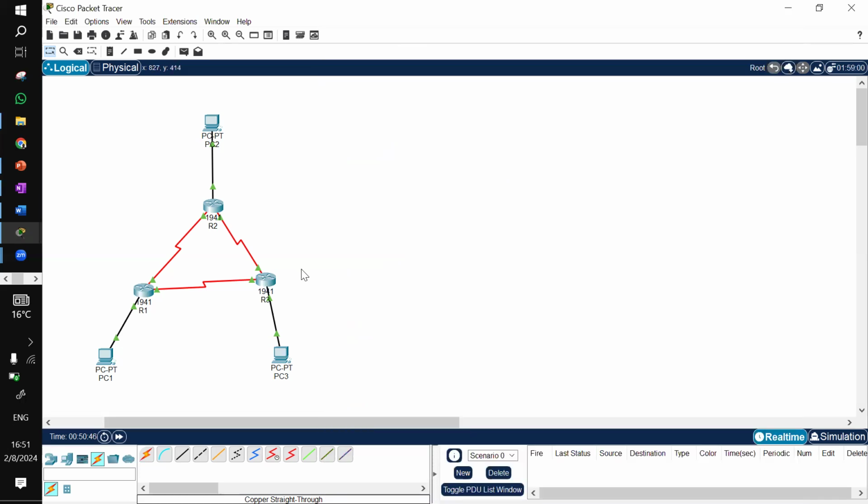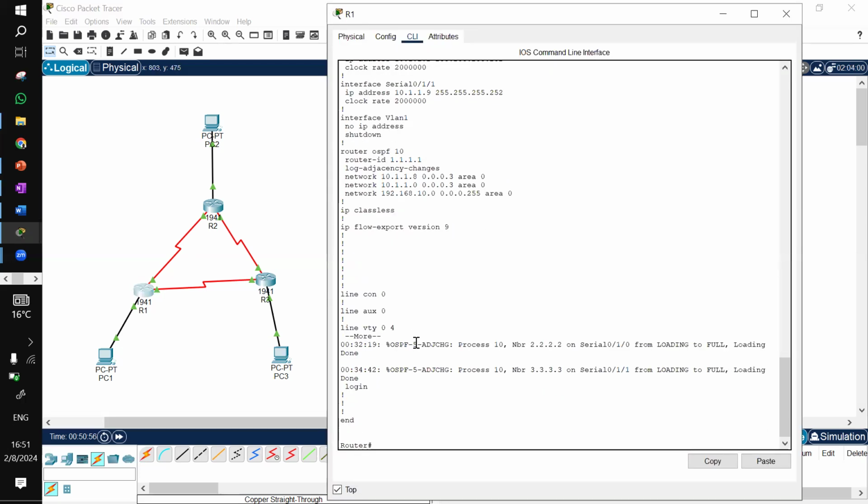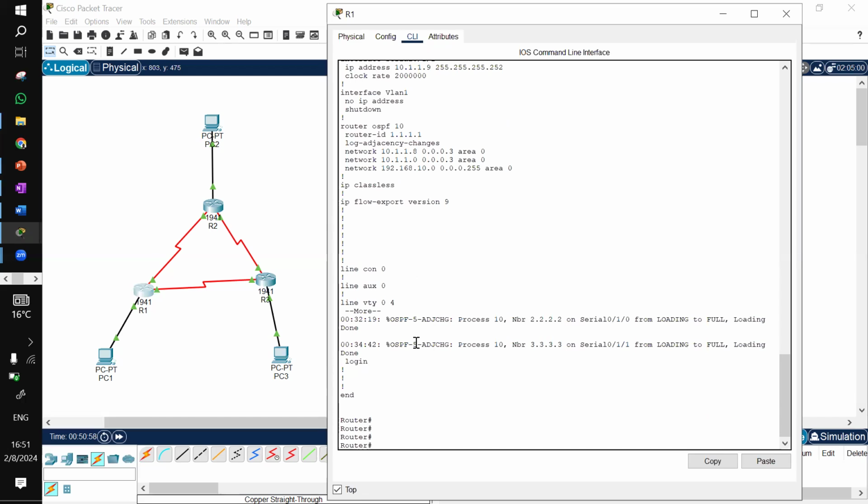Let's now play around with our show commands. So the first show command, we're going to show from R1 our neighbors. With show commands, we have a command which shows you your OSPF neighbors. We have a command which shows you the database.